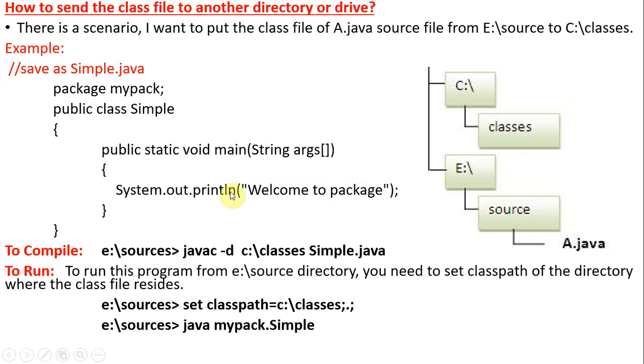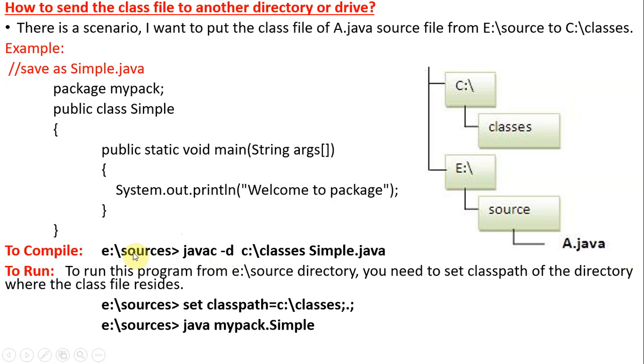Now, how to send a class file to another directory? In the earlier slide, if you don't want to send the class file to another directory, just keep a dot. If you want to send the class file, then you go with the directory's name: javac space -d space, and there you have to specify it.